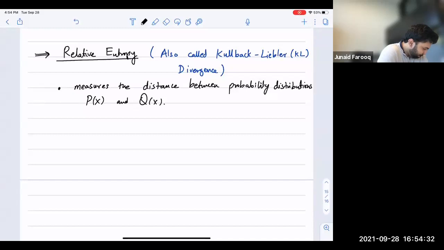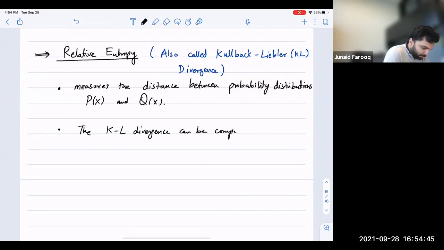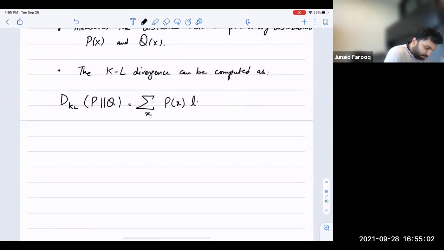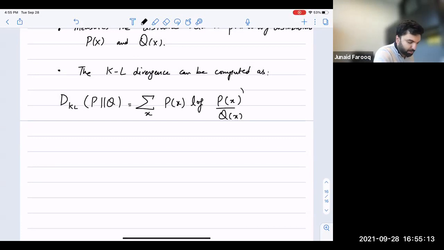So the KL divergence can be computed as DKL between P and Q. It's actually the sum over X, P of X log P of X divided by Q of X. Right, so everything is the same except changing this fraction here. So it's relative between P and Q.